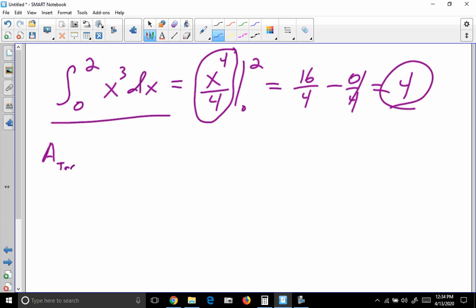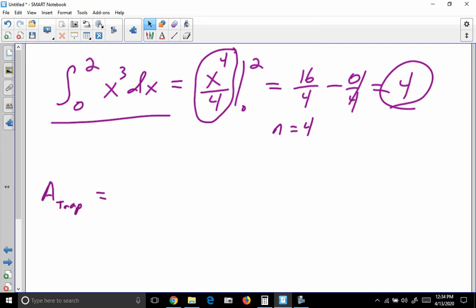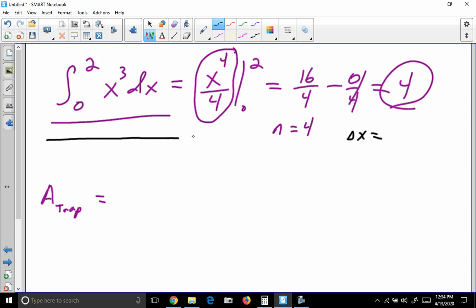So if we want to approximate the area using the trapezoidal rule, let's do it using n equals 4. So we need to do a couple things. If we're doing n equals 4, we need to get our delta x so that we'll know how to break up our number line.